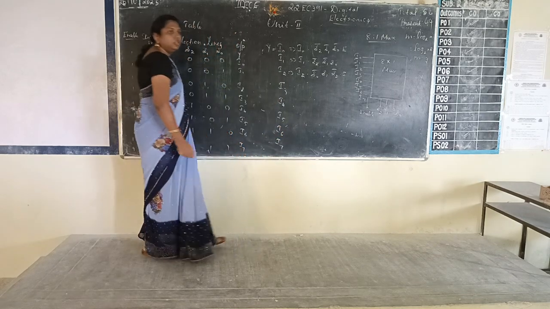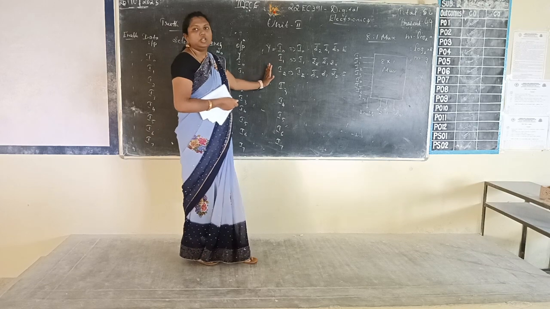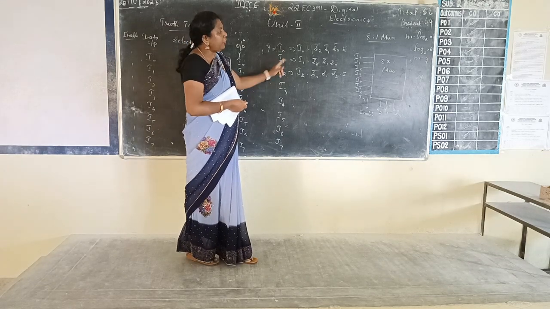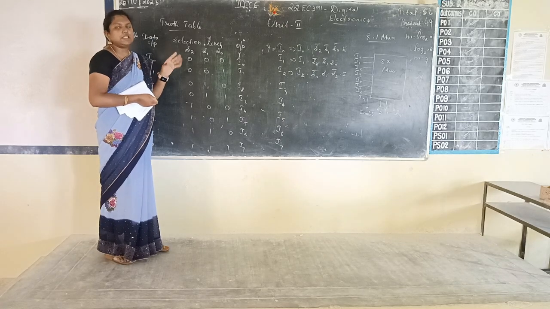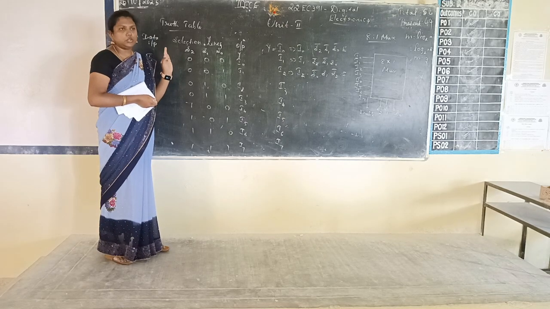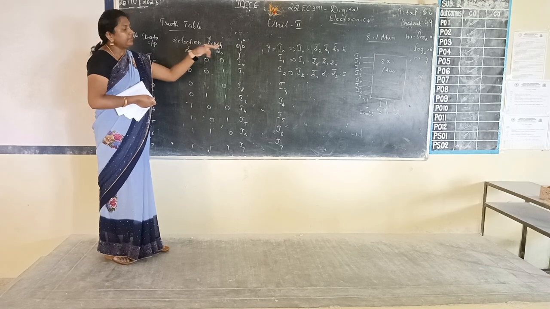Then using this, you have to draw the logic diagram, same as that of the 4 cross 1 mux. Here you have to use 3 selection lines S0, S1, S2 and draw the logic diagram for the 8 cross 1 mux.